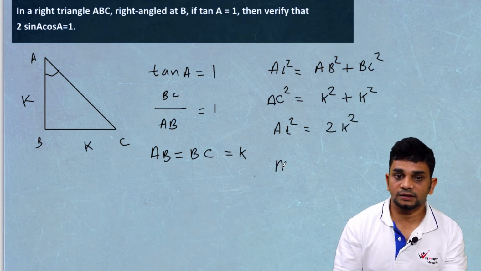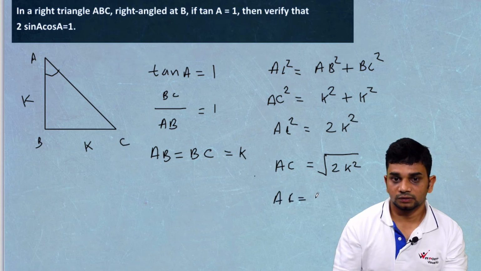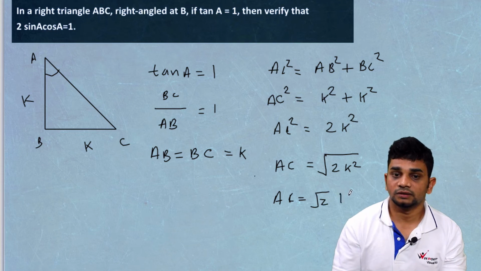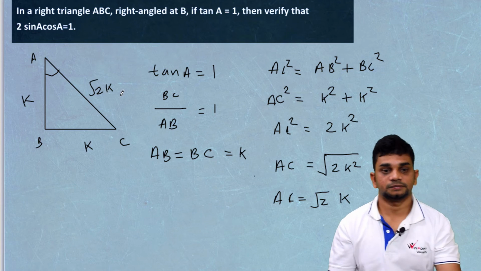And what about AC? It will be root of 2K square, right? AC equals root 2 times root of K square, K. So here it is root 2 K.